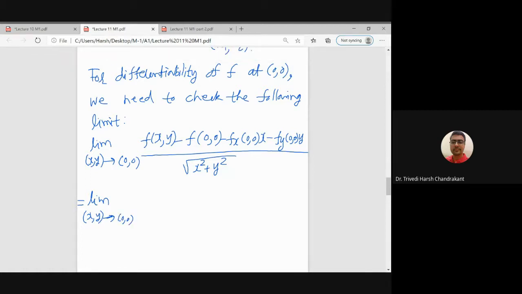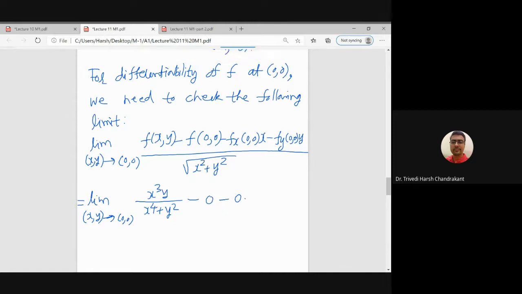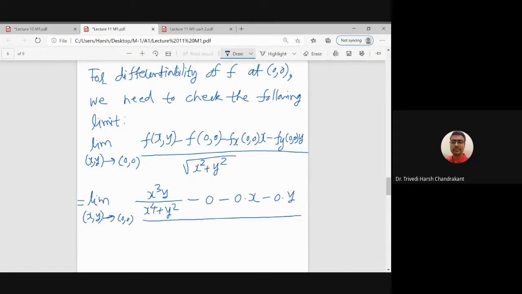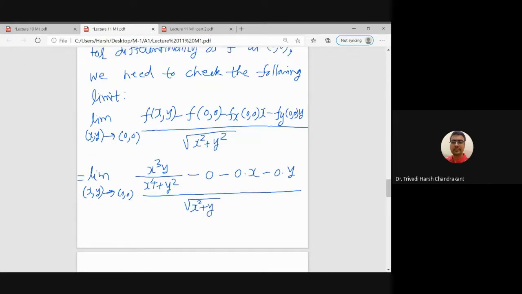The value of the function is x cubed y divided by x power 4 plus y square, minus the value of the function at the origin, which is 0, minus the partial derivative fx, which is 0, times x, minus fy, which is 0, times y, divided by square root x square plus y square.